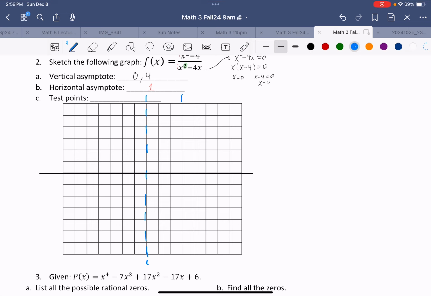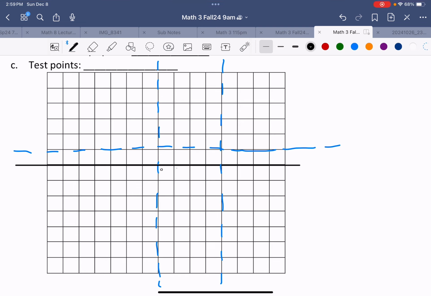And then there's another one at 4. Oops, that's 3. So here's 4. And the horizontal one is at 1, so it's right here. So again, 0, 1, 2, 3, 4, 5, negative 1.